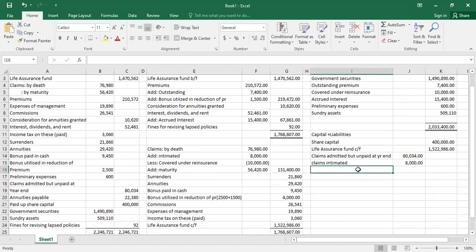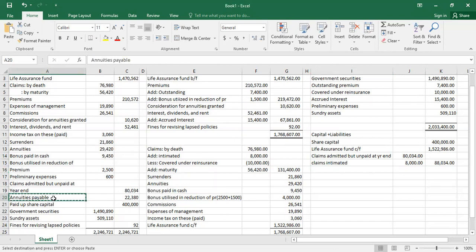Any other current liability? Let me adjust this. This will give us 88,034. And I have the annuities payable. These are accounts payable. Just pick them the way they are. Any other liability?